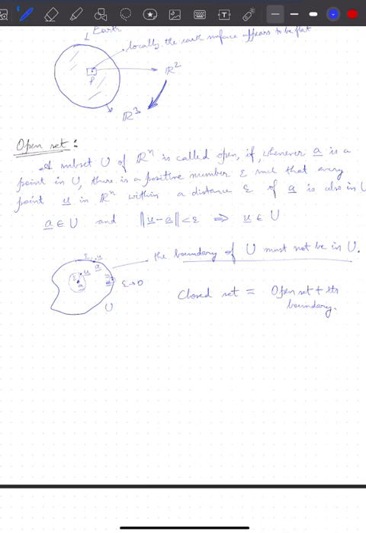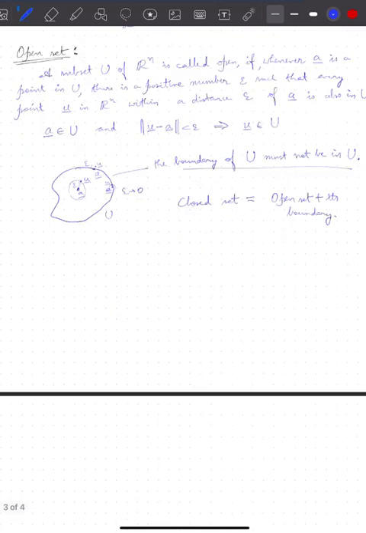Which means that there are A vectors in the set U, and of course U vectors which are slightly distant from A. Although the distance is less than epsilon, the U vector is not a member of the set, and that is possible only for a closed set, right? So that's just a basic definition of an open set.